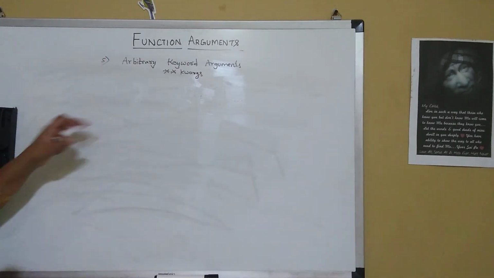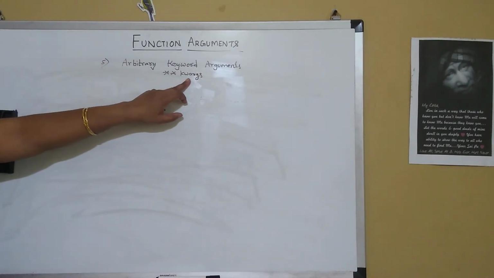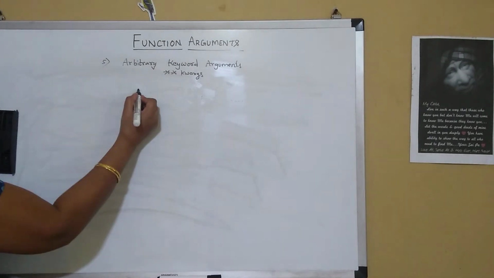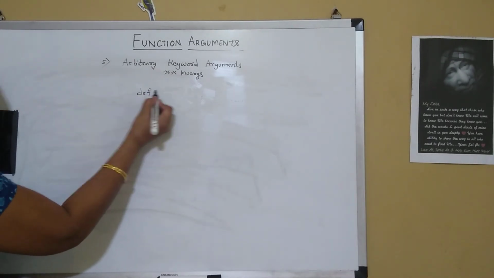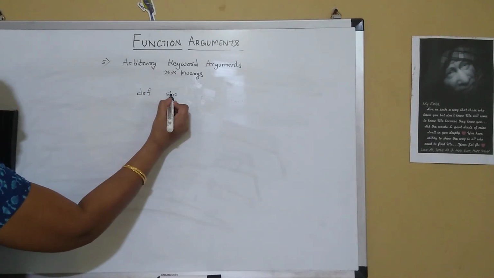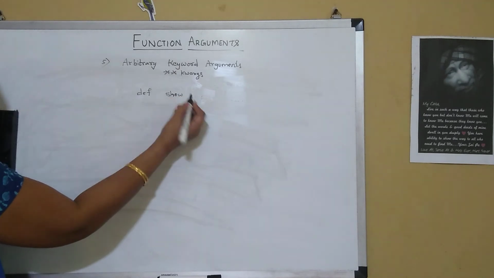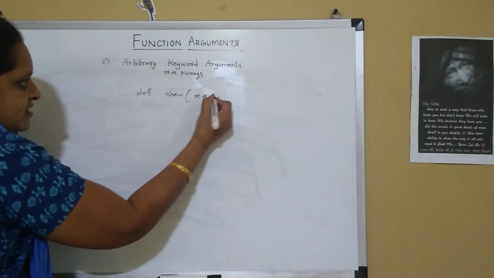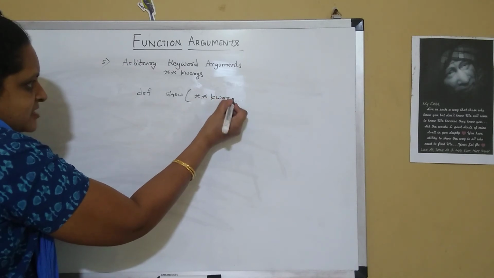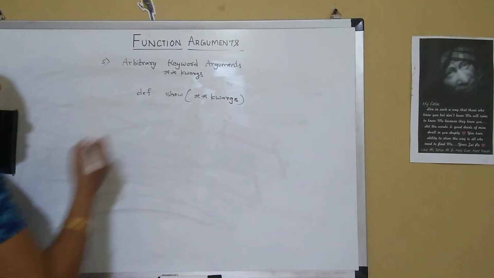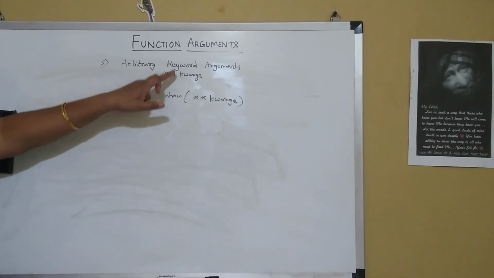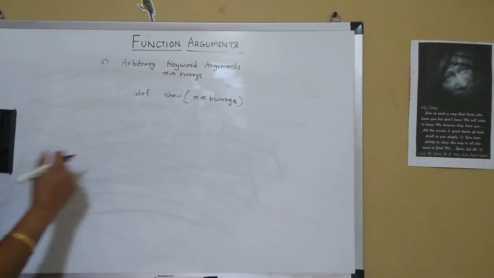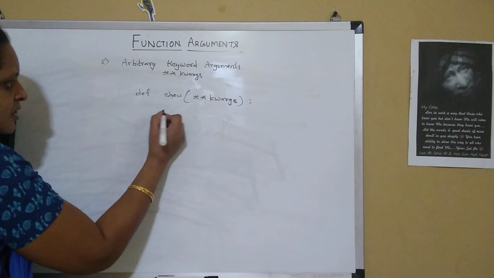This KWARGS, keyword arguments, can have any other name, but it should be prefixed with 2 stars. So suppose I am having my function show, let me say double star KWARGS, then it is accepting keyword arguments. Only a single star means it will accept positional arguments. With double star, it is accepting keyword arguments.